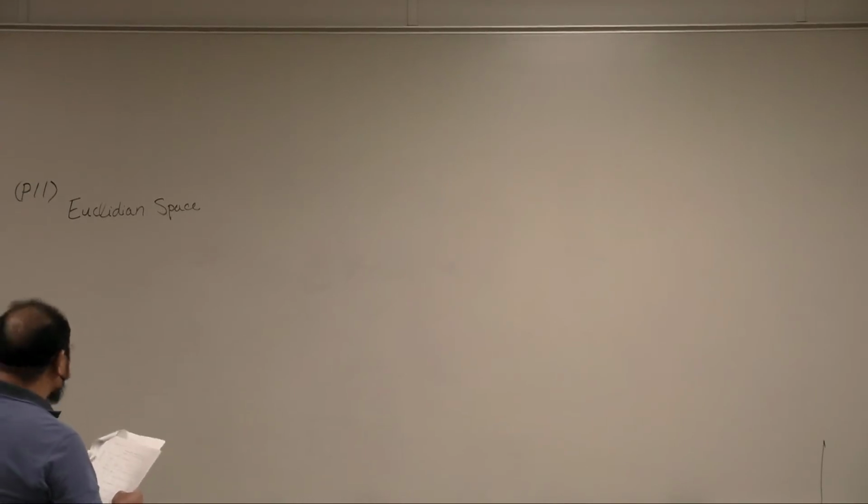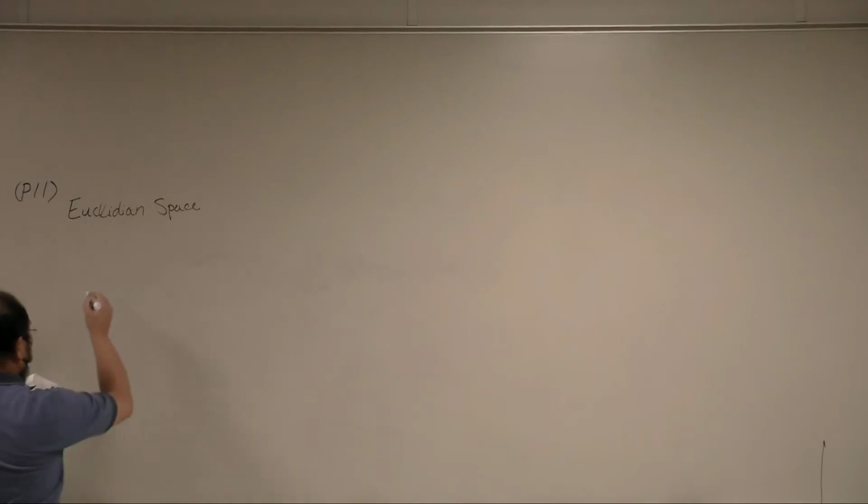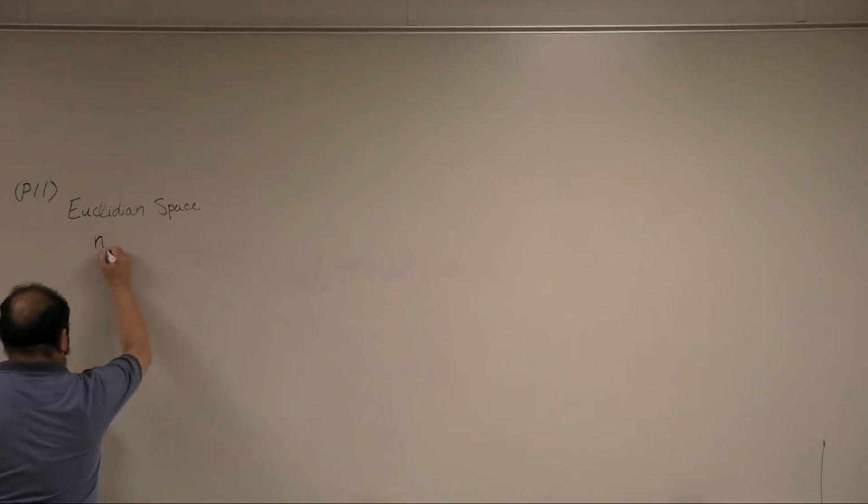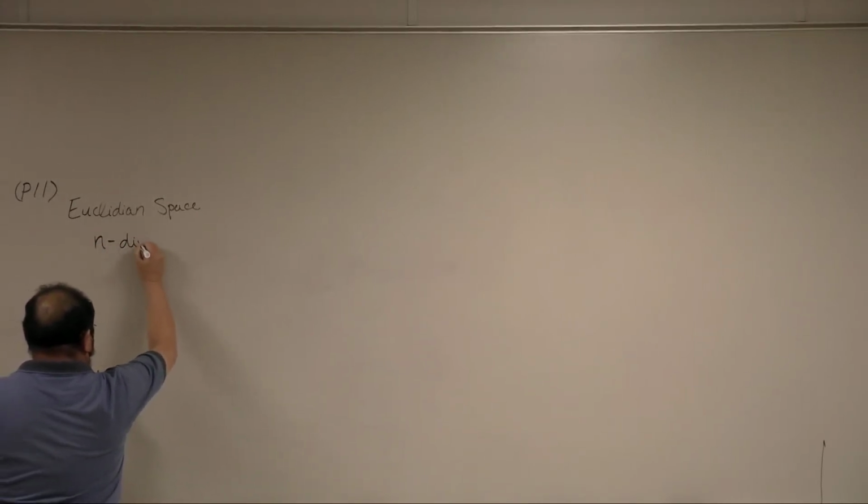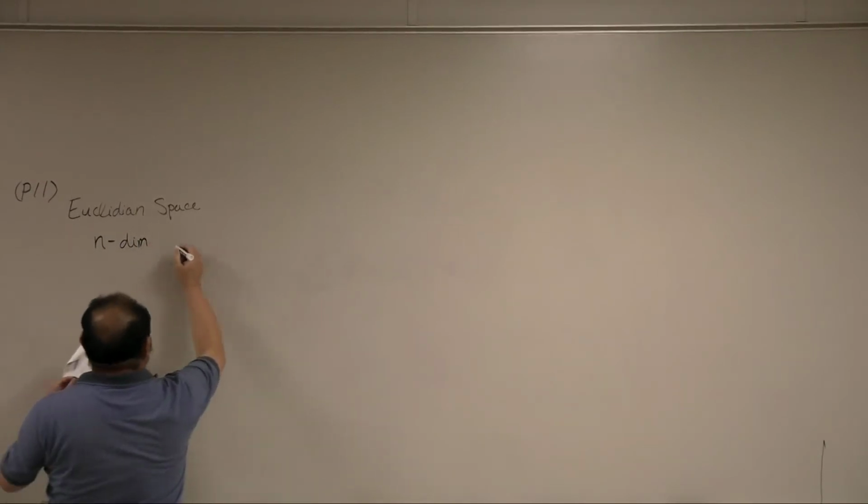Euclidean space. The Euclidean space is an n-dimensional vector space.